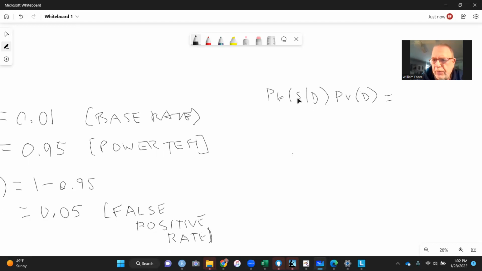It's 0.95 times 0.01. Now we know something about this already. We know that when you multiply those 2 things together, this is just the joint probability of S and D, right? We know that. And if we look at this, it'll be 0.0095. Okay, that's what that will compute to.